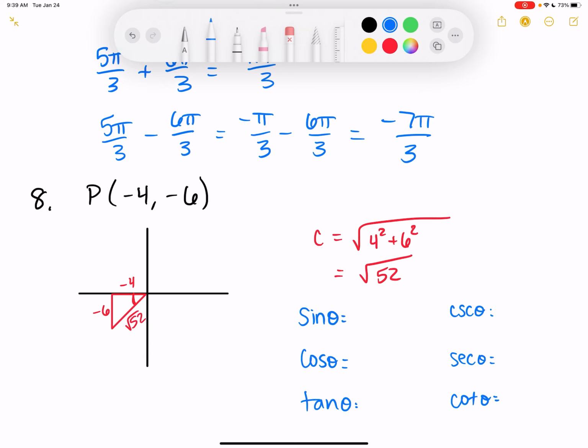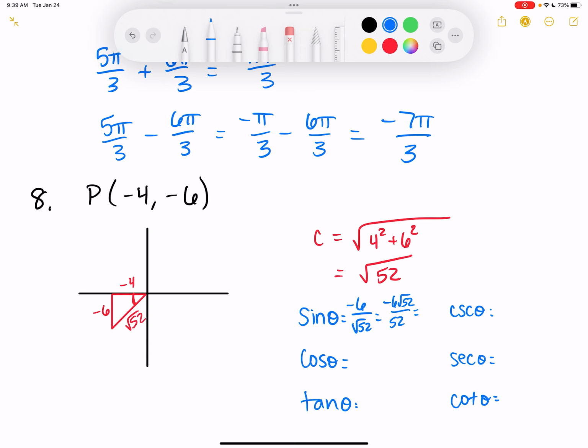So what is sine of theta? Well, it's negative 6 over square root of 52, but can't have that on the bottom. So say negative 6 square root of 52 over 52. And that can be reduced to 6 and 52, and take out a 2.